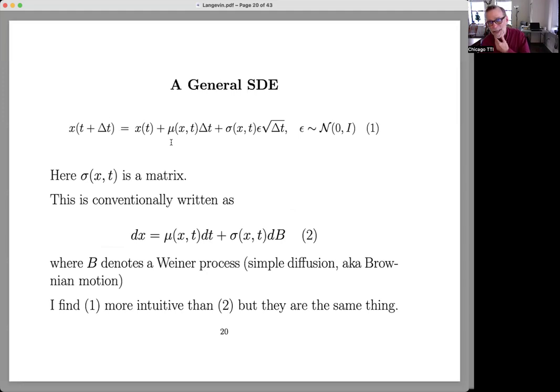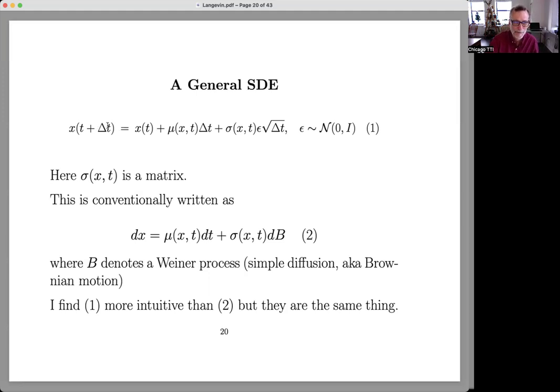A general stochastic differential equation. I said differential equations are the scariest thing in deep learning. Here's the general form, and I've written it out in terms of delta t's. It's saying the value at t plus delta t, and I want you to think of delta t as infinitesimally small. Really you want to think of it as a differential, dt, but dt is hard to talk about for reasons I'll explain.